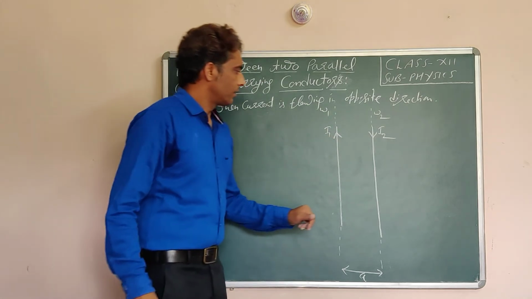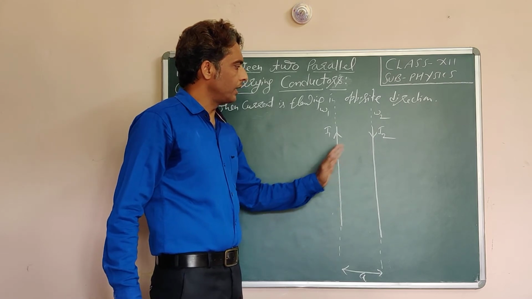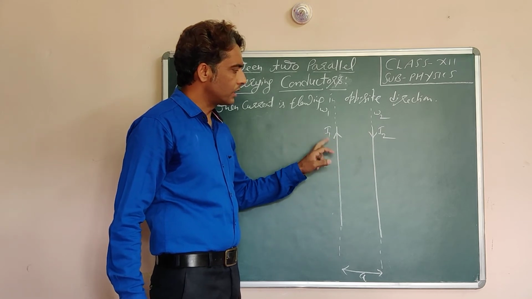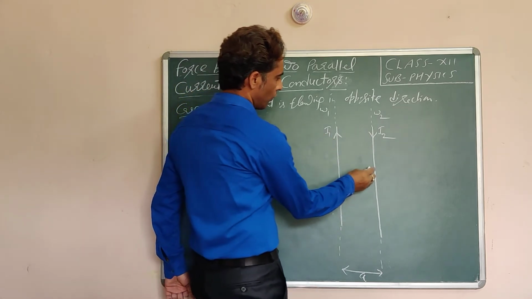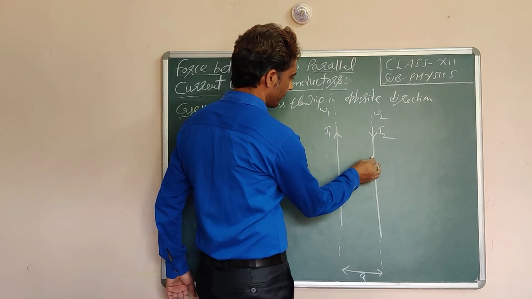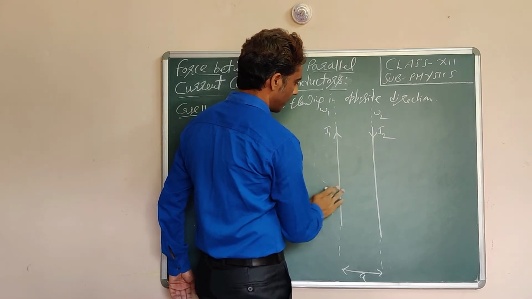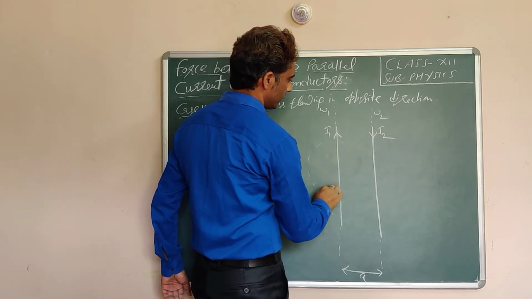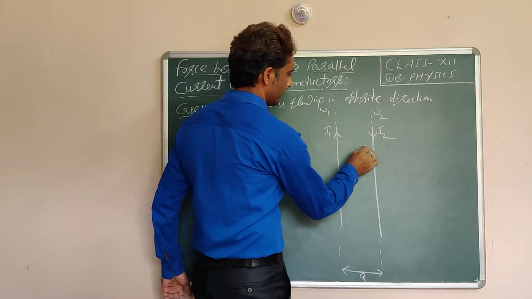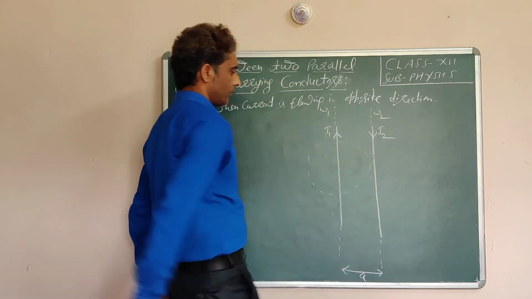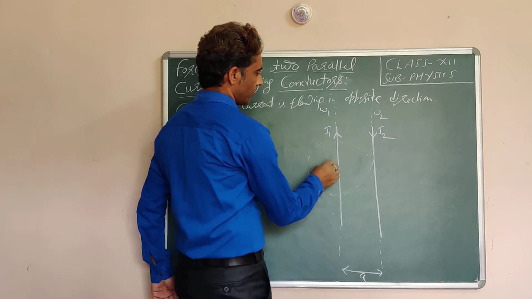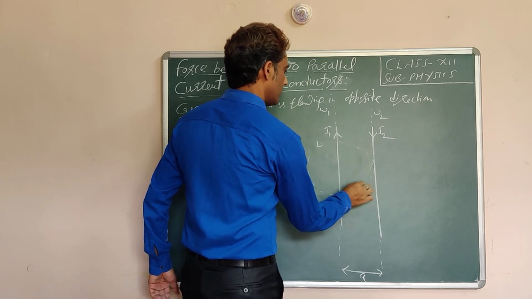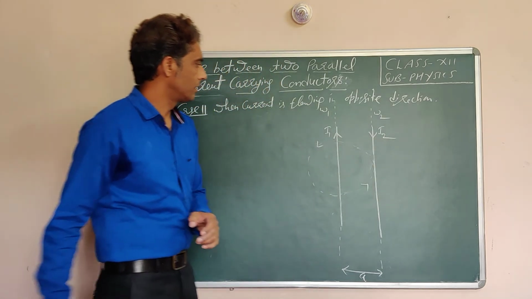Now again, if we want the magnetic field at any point on this conductor, due to this current, I draw only one circle as magnetic field line. This magnetic field line is anti-clockwise.